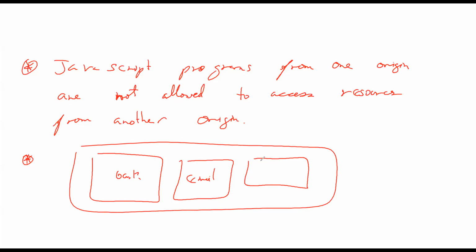So really, if it wasn't for SOP, this bad site, this bad HTML site that opened, which has JavaScript in it, that's the problem. This one supports JavaScript. And so this one would try to access the resources of that one.